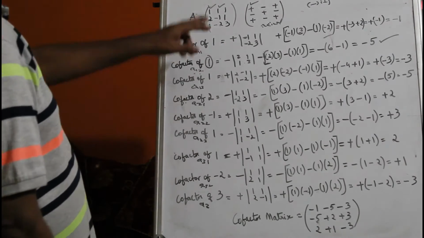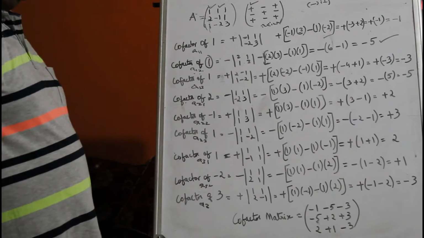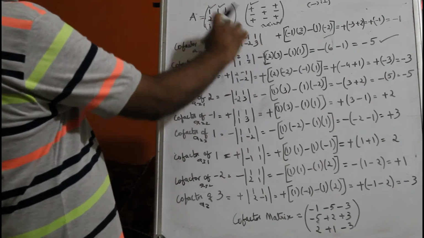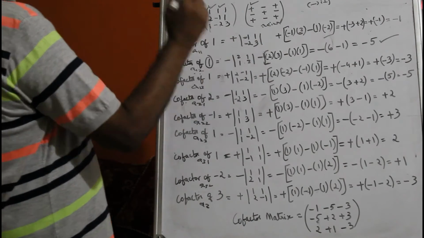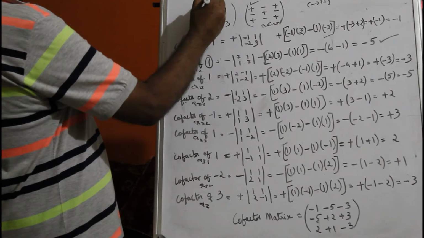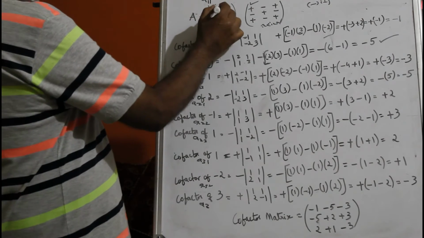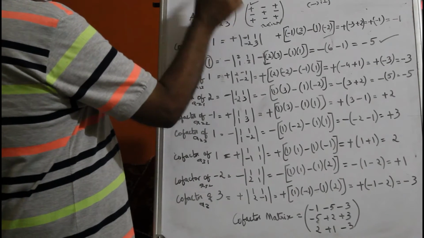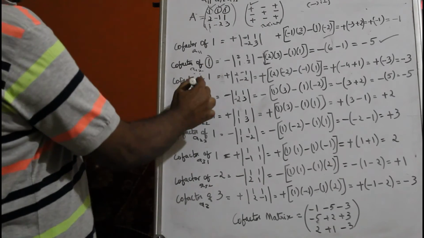So you put these 9 signs and find the cofactor of everything. And if you don't put the sign, this element is called the minor. So this is called the minor of 1. This particular one is called A11, an element of first row and first column. This one is first row and second column. This one is first row and third column.